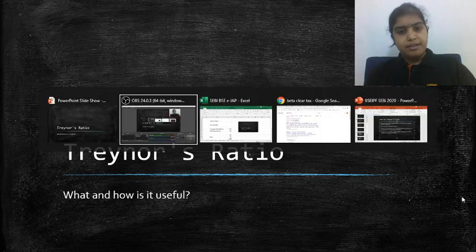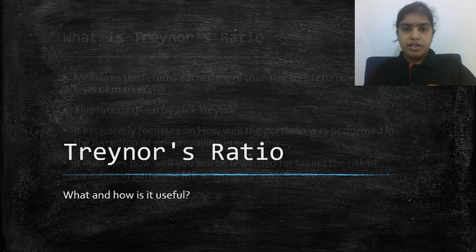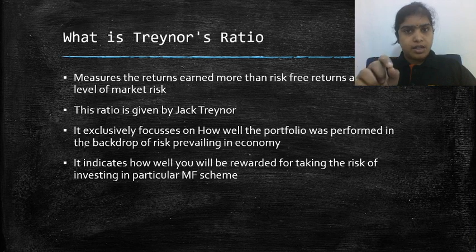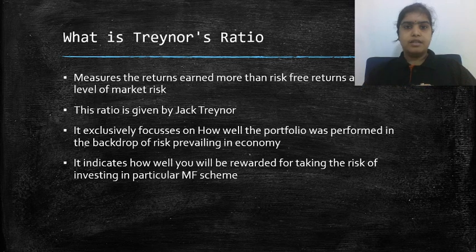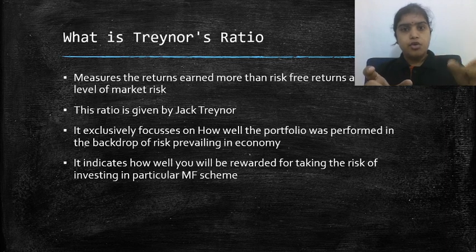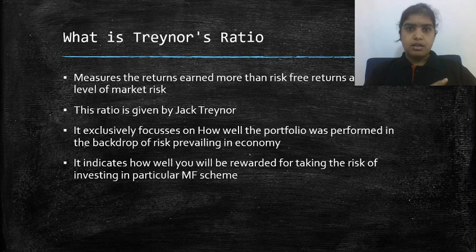today's session. When we are talking about the Treynor ratio, there was an American economist whose name was Jack Treynor, who gave this formula to the entire world, and on his name this terminology is called the Treynor ratio. What this ratio is: for 1 unit of risk, how much extra return your fund or your portfolio has delivered in a past duration of time is calculated by this ratio.